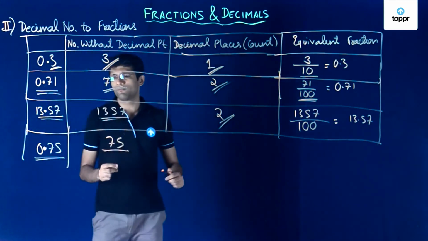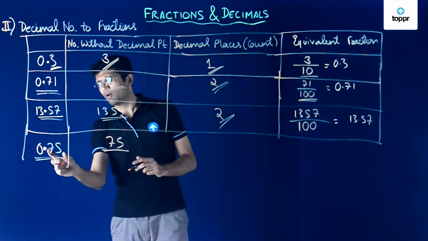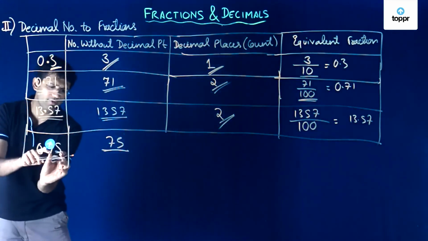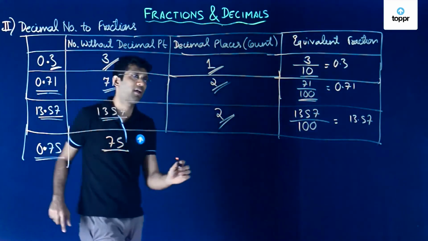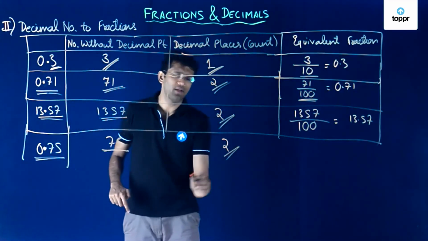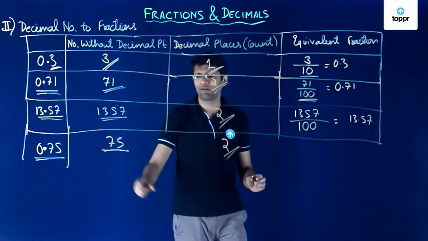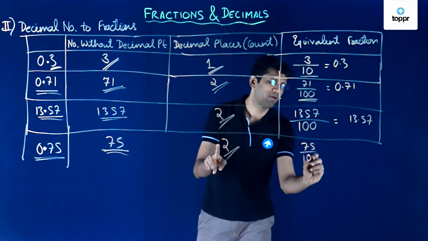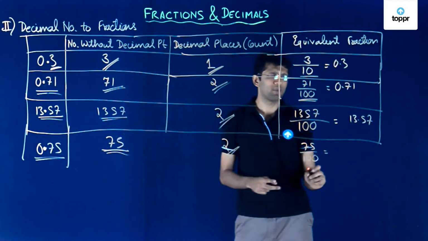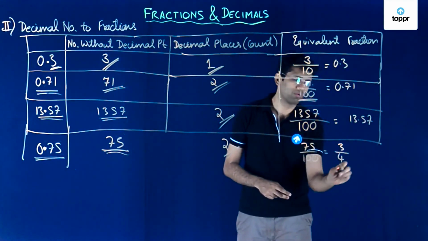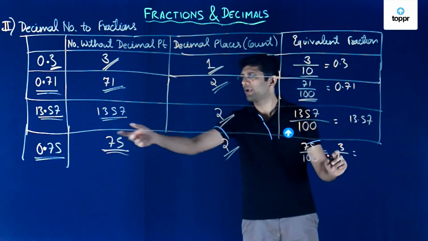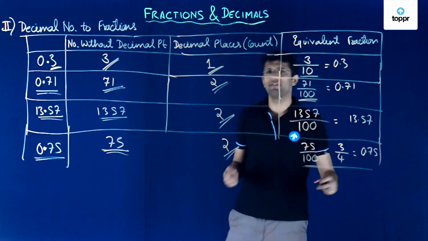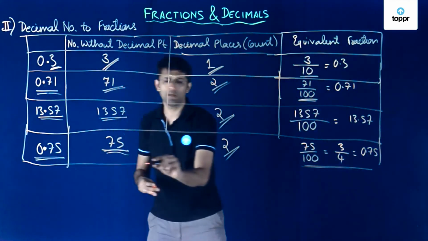Then we check the number of digits to the right of the decimal point. Here the number of digits to the right is 2, and so I will divide 75 by a power of 10 having 2 zeros, and so I write 75 upon 100. We know that 75 upon 100 can also be written as 3 upon 4, and so 3 upon 4 is the equivalent of 0.75. In this way we can convert the given decimal number into an equivalent fraction.